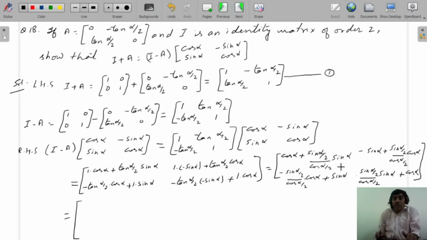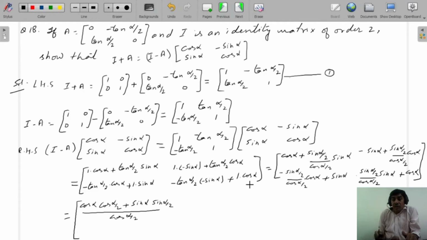Taking cos alpha by 2 as LCM, we have cos alpha into cos alpha by 2 plus sin alpha into sin alpha by 2 divided by cos alpha by 2.